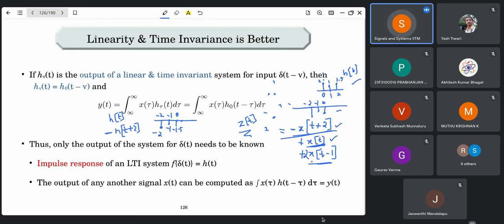Now we have to find the output for x of t minus 1. So let that be the one where you shift to the right.